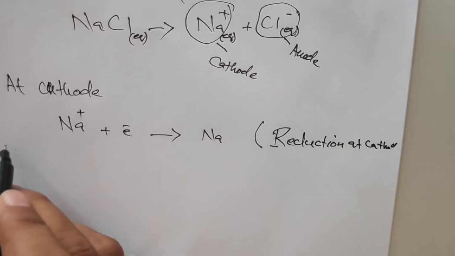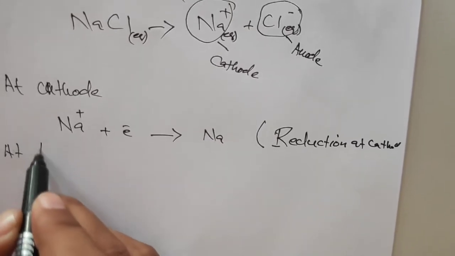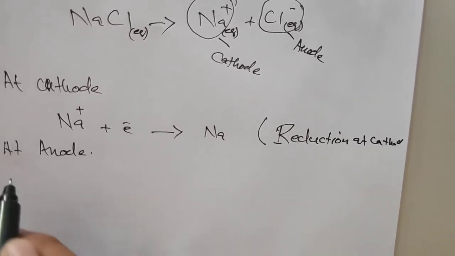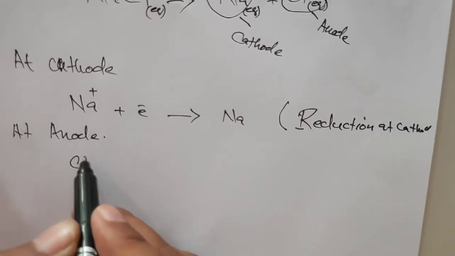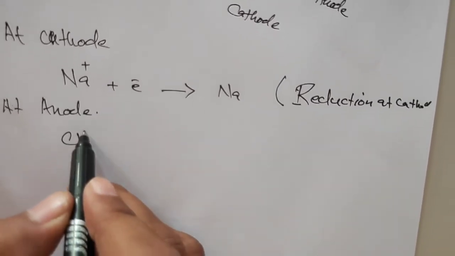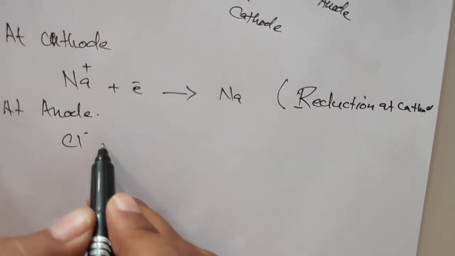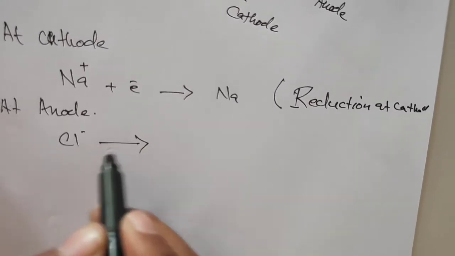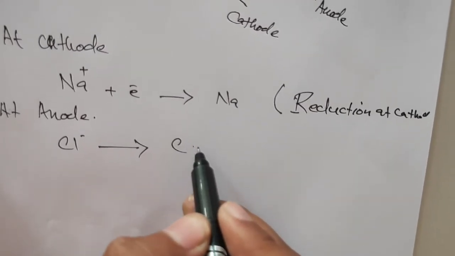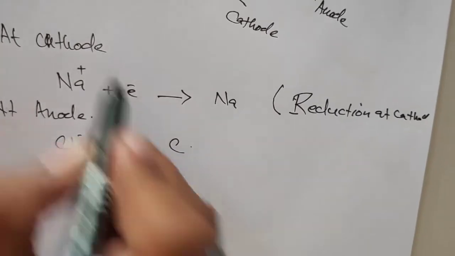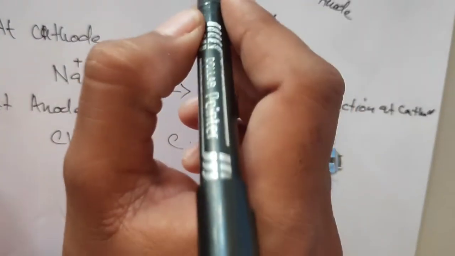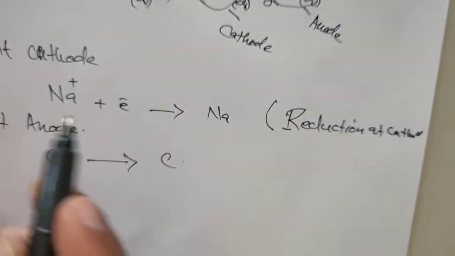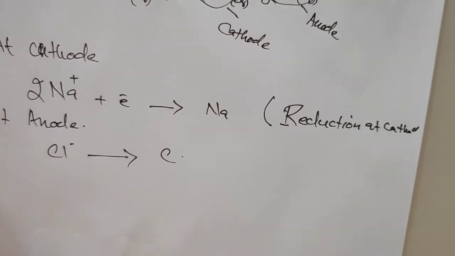The same at the anode. What will happen? At the anode, chlorine will lose its electron. Here we take a simple example: we take 2 moles, so there are 2 electrons.